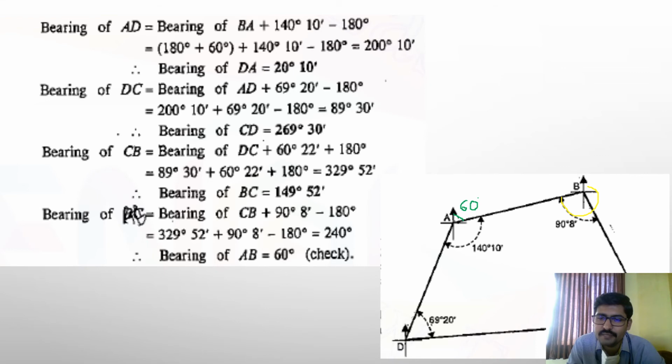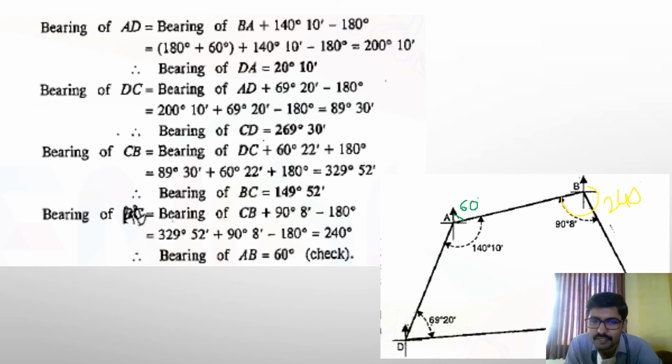So the bearing of line BA will be 60 plus 180, which comes to 240 degrees. This yellow angle you are seeing is 240 degrees. Then if you subtract 90 degree 8 minutes from the back bearing of AB, you will get the fore bearing of line BC, isn't it?